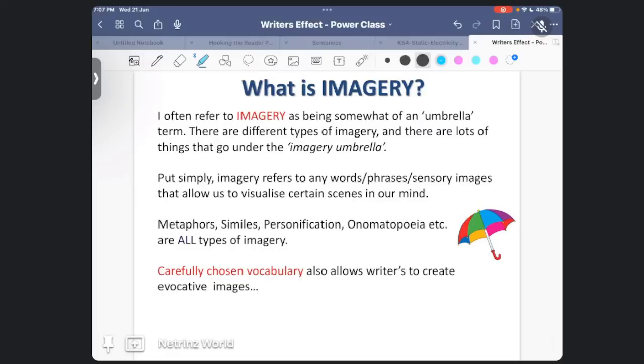Now, one aspect of writer's effect is imagery. Imagery refers to any word, phrase or sensory image that allows us to visualize a certain scene in our mind. Can you think of any imagery word or phrase?